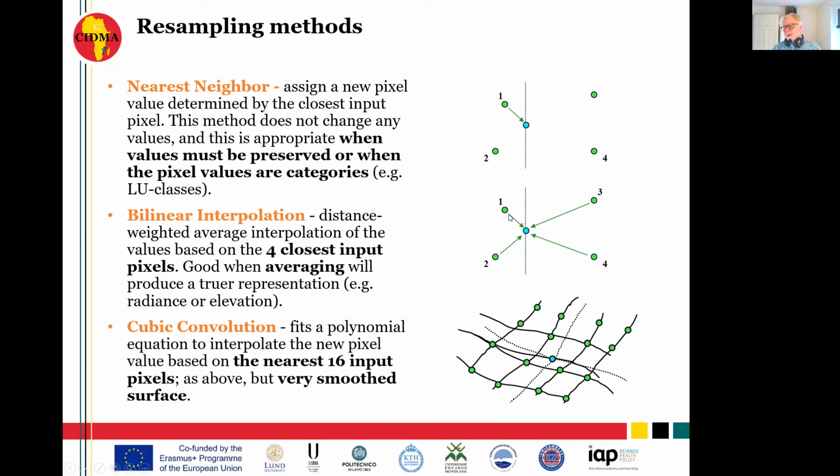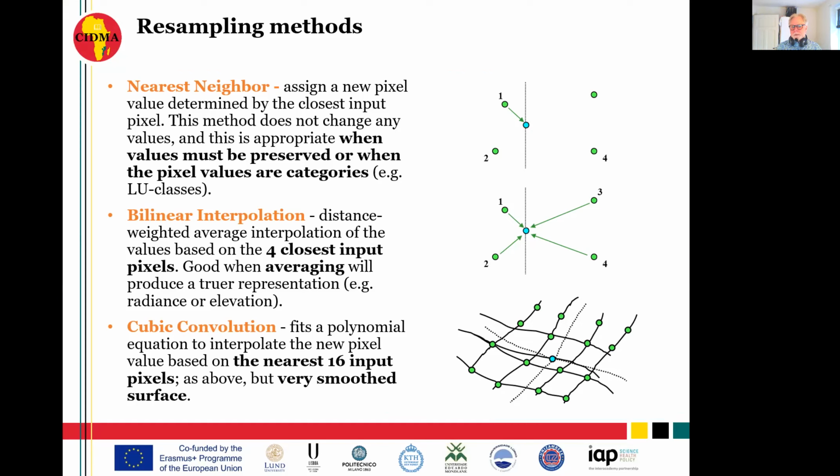So it may be 1.2 instead, or 1.3 instead. These ones are further away, so they don't have so much effect. It's 1 and 2 that will have effect. This is good when averaging, when we need a new representation. For instance, if we have reflectance or radiance measured as we have in a satellite image, it's a way to actually get a representation of the new location of the pixel based on the four closest pixels around it.